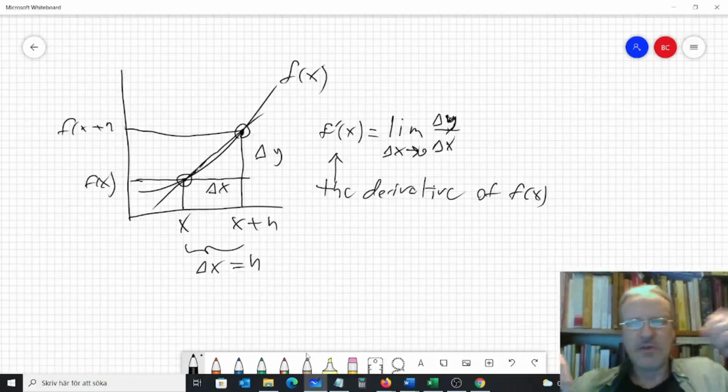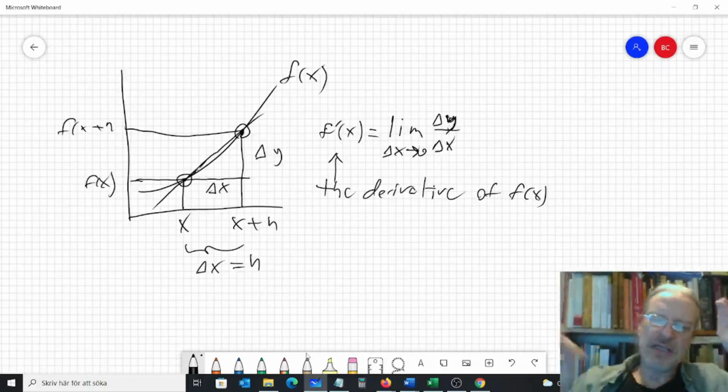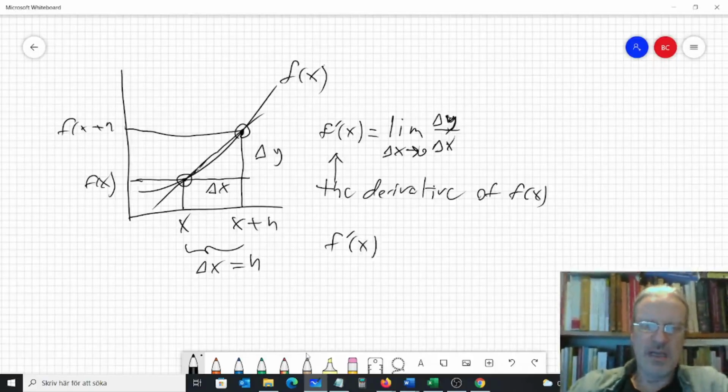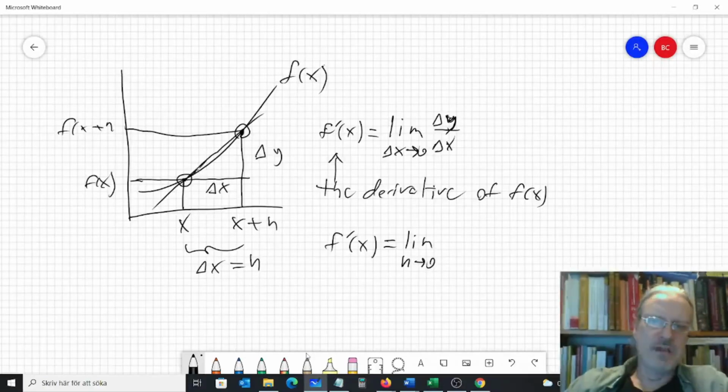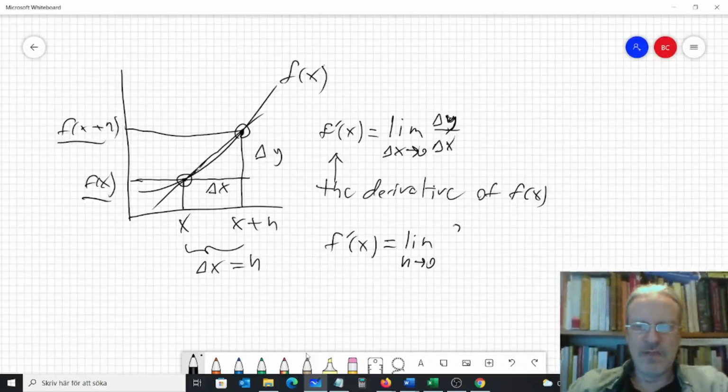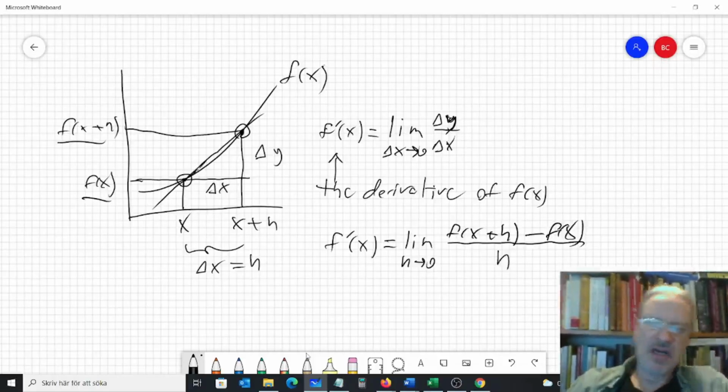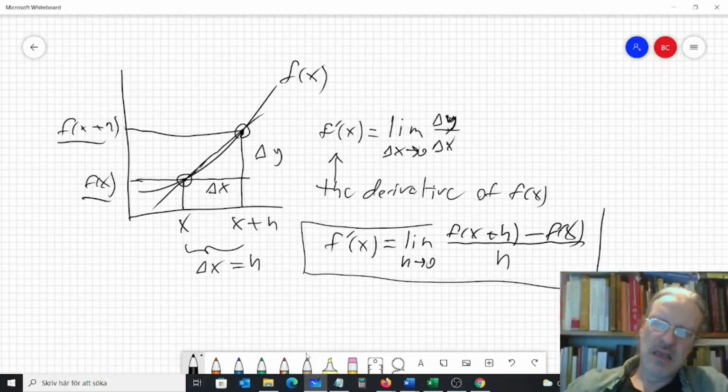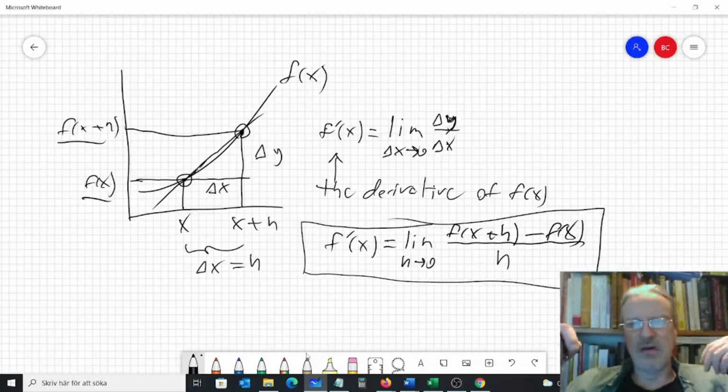By itself it's not so useful, but we will change this definition to something useful by saying, okay, how about we plug in our function things here. So now I take instead the limit as delta x goes to 0, that's the same thing as h goes to 0, of delta y, and delta y will be the difference of these two. So that will be f of x plus h minus f of x, divided by delta x, that will be h.